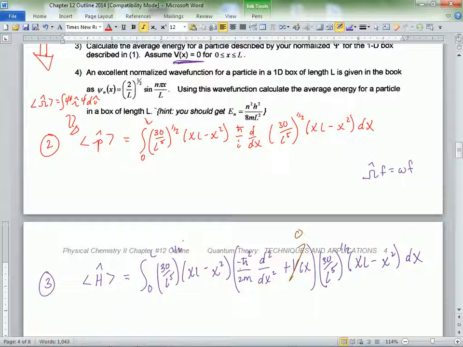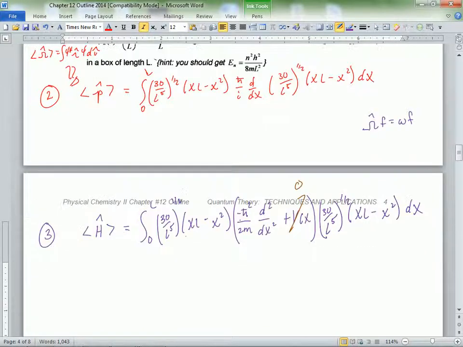So pretty much what do we have to do now? The next step would be take the first derivative of this, then be anal about your notation. So when you do this, you should write d dx, and then the result that you got, right? Otherwise, you're going to forget to take that second derivative. So you write d dx, and this inside here will be L minus 2x.